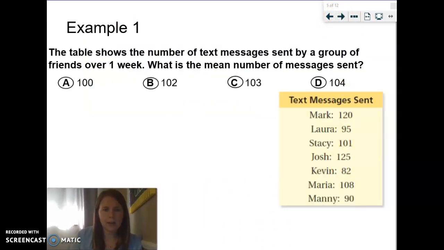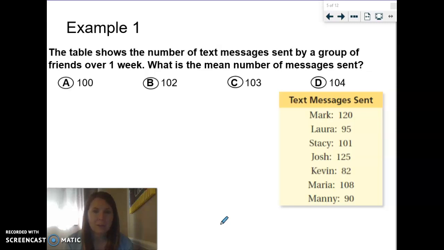Let's take a look at our first problem here. So our first problem says that the table shows the number of text messages sent by a group of friends over 1 week. Wow, I don't know if this is a lot or too little, okay? Maybe right now you're texting more than this.